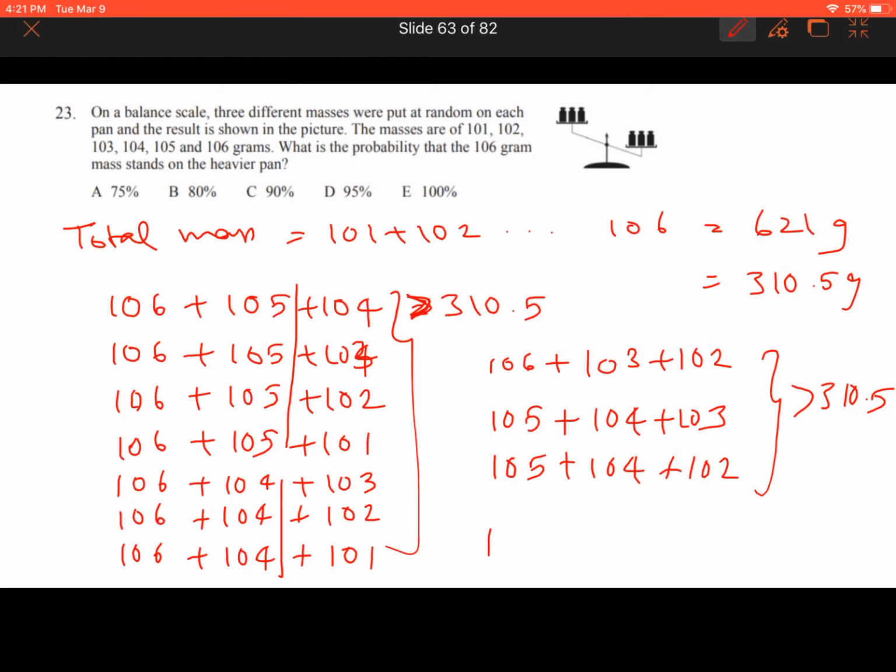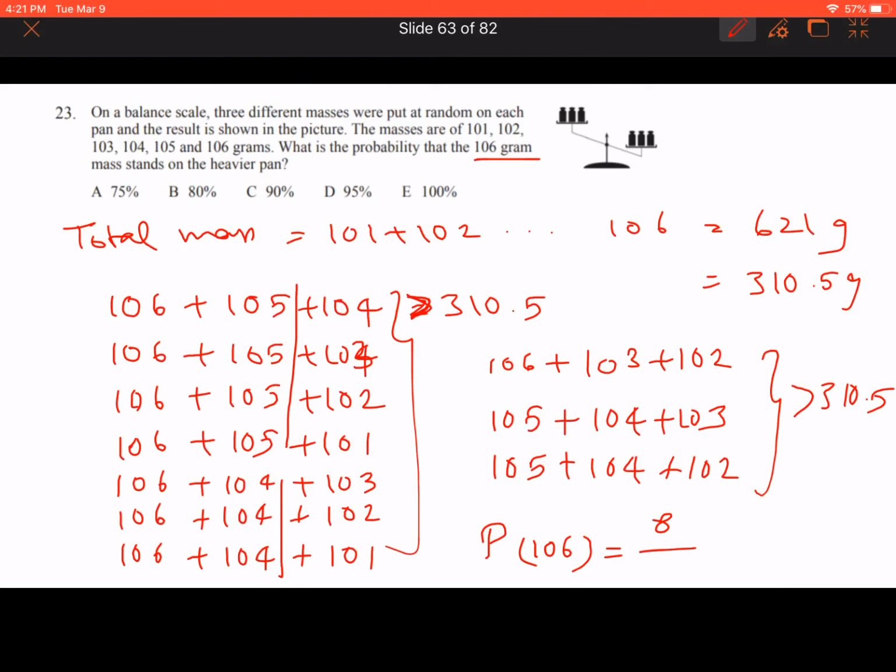So in order to find the probability of having the 106 gram mass on the heavier pan, probability is how many times this occurrence will happen where the 106 gram weight is present in the heavier side of the pan. So it is 1 2 3 4 5 6 7 8, right?